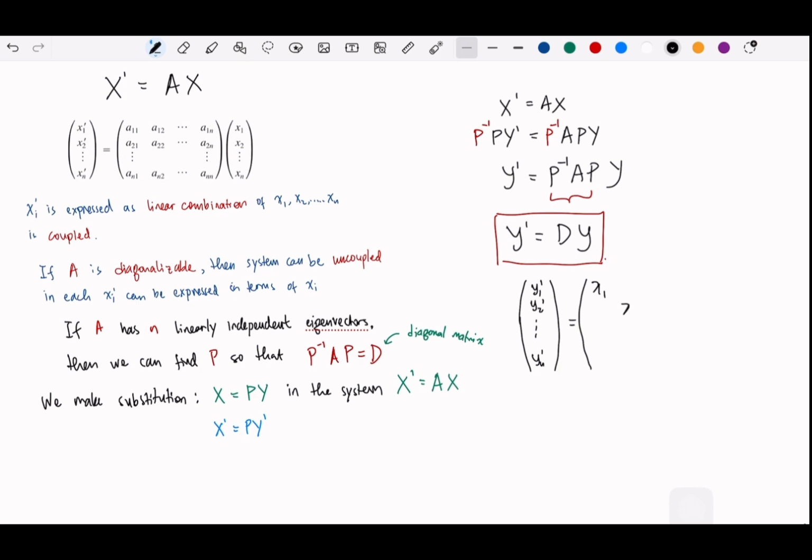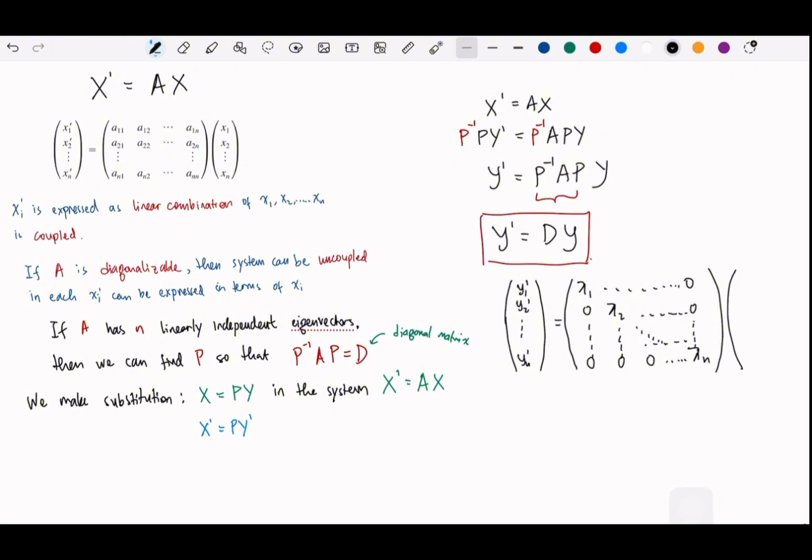So lambda 1, lambda 2, dot dot dot, lambda n, and then this will be y1, y2 until yn.